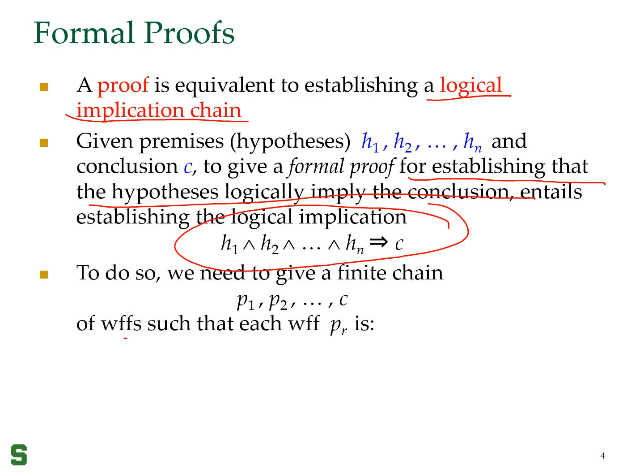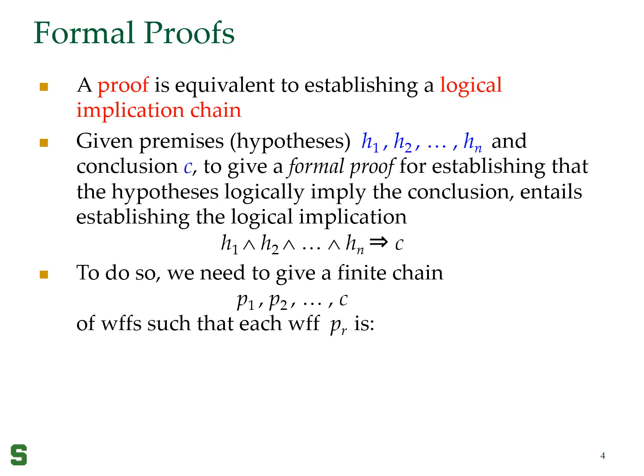Now, to do this, we are going to create a finite chain of the form some formula P1, some formula P2, keep going. Eventually at the end we want to have the conclusion C that we want to prove.